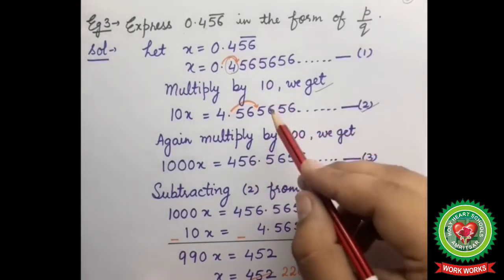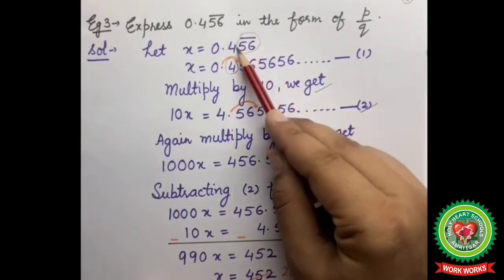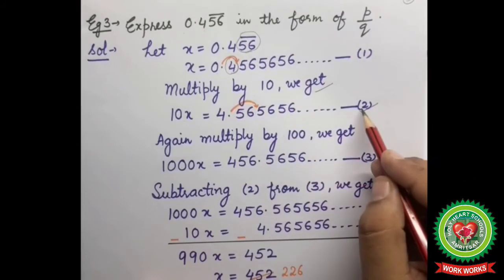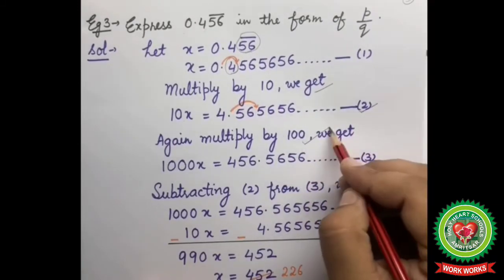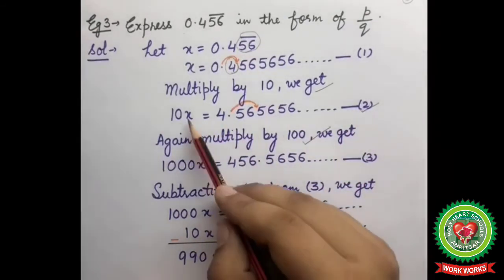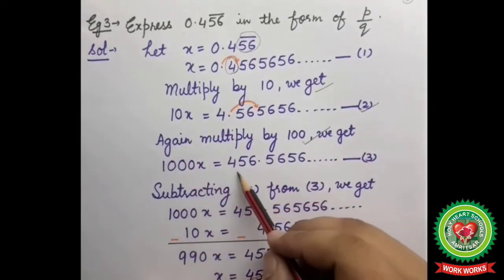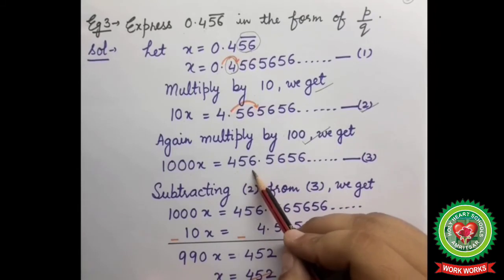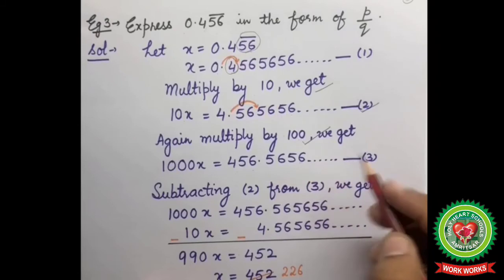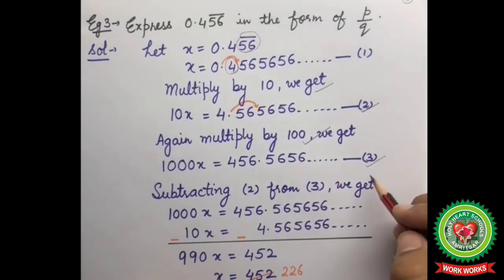Now in this case, there were two digits which were being repeated. So for that, we are going to multiply equation number 2 by 100. So on multiplying equation number 2 by 100, we'll get 1000x is equal to 456.5656, and this will give us our equation number 3.